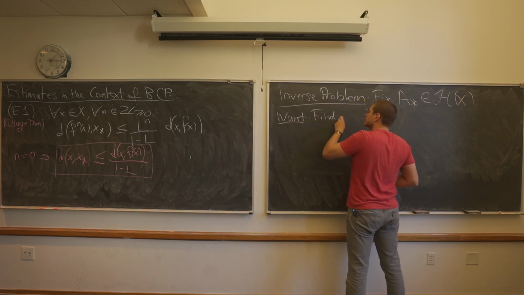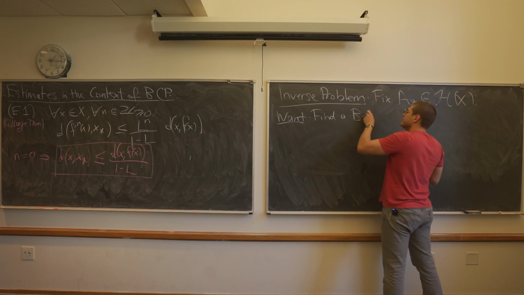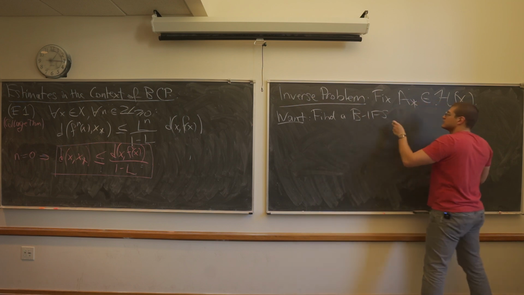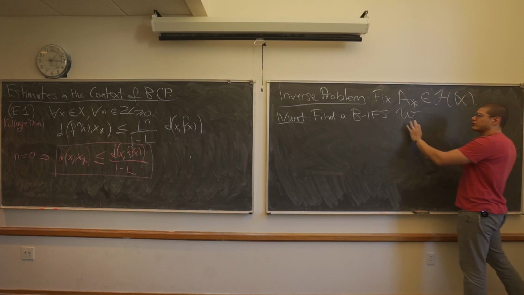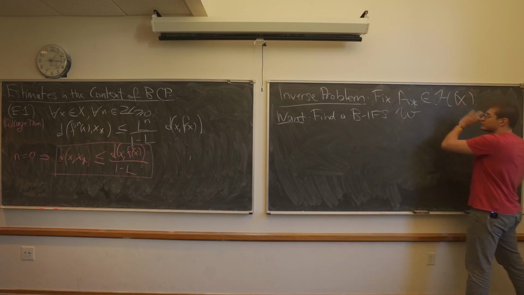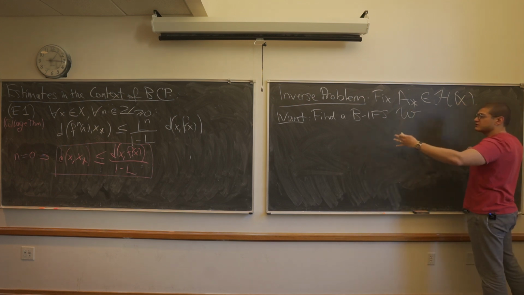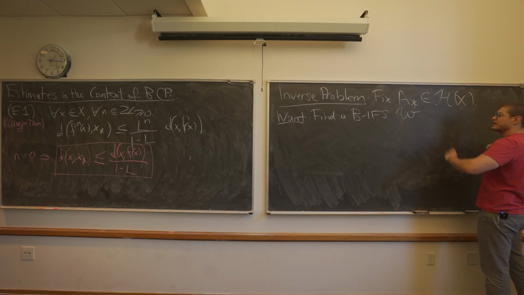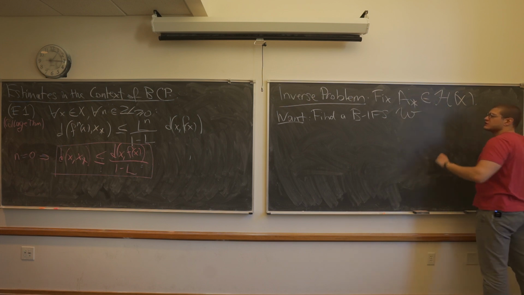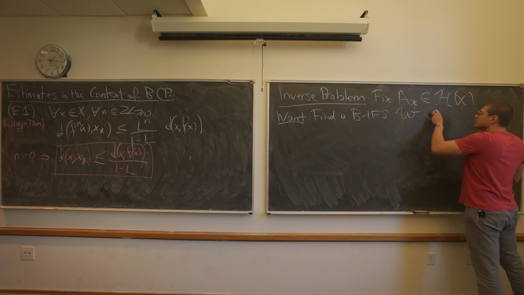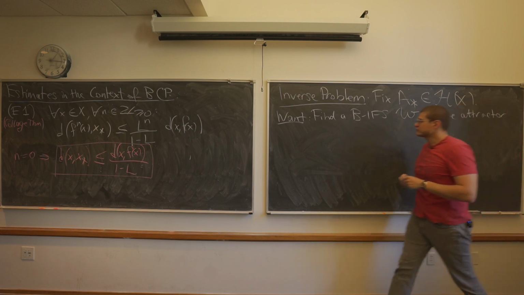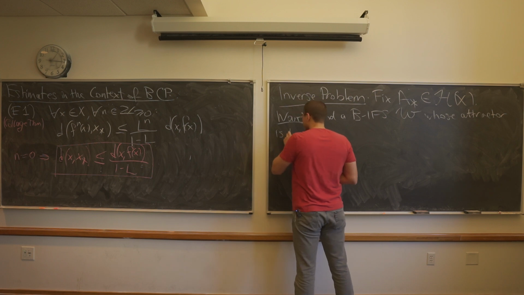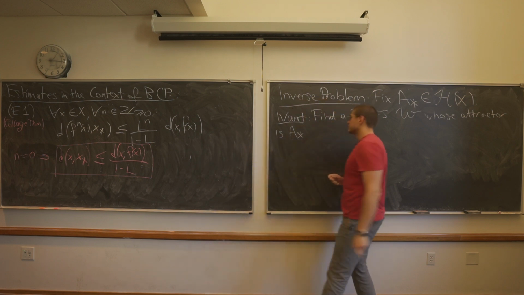Find a B-IFS W, so a finite set of contractions acting on X, whose attractor, this Cantor set type of thing, is this A star.